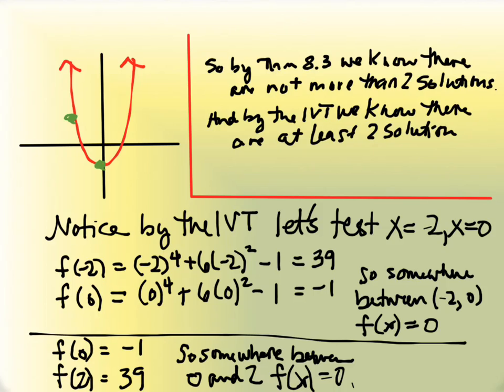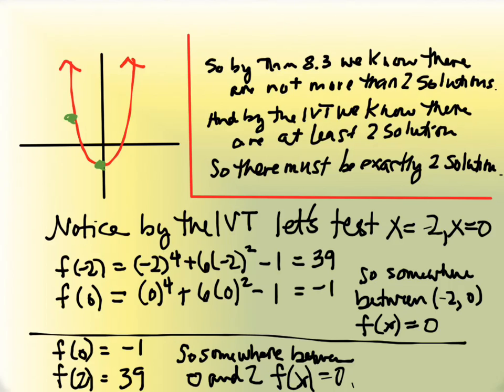I mean, this is it. So there must be exactly 2 solutions. We showed that there couldn't be more than 2. We showed that there couldn't be less than 2. So it must be 2.